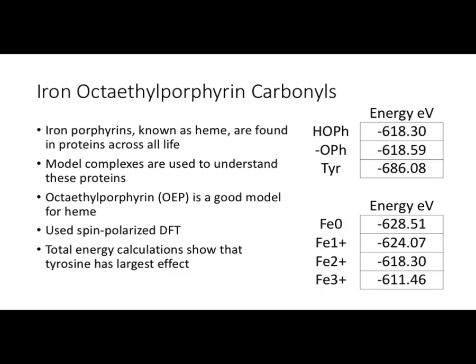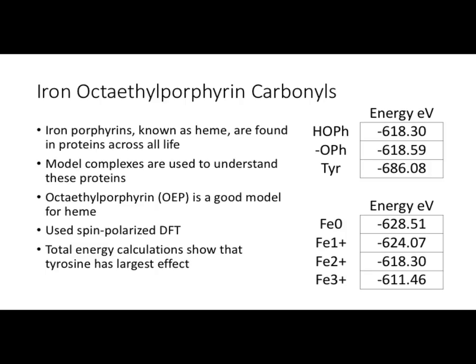But over here, I took the phenol complex and I changed the oxidation state between 0 and +3. And the reason I did that is just to look at some maybe intermediates that would happen during some catalysis, or if this is a non-typical example of a carbonyl.